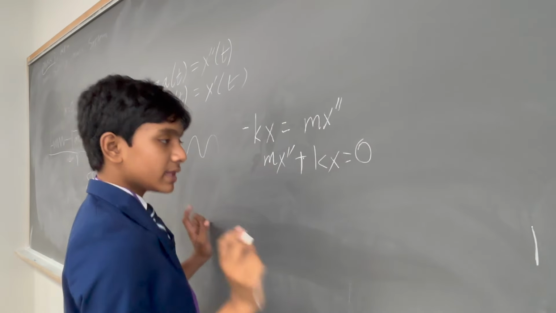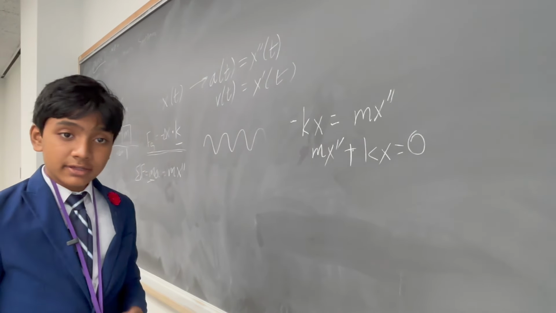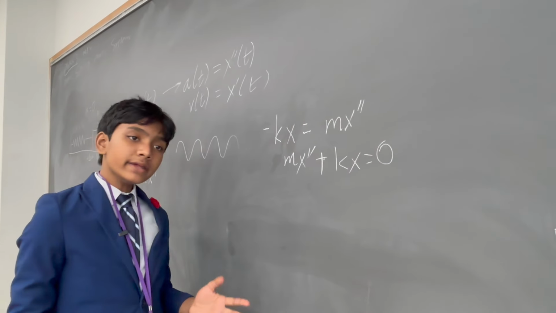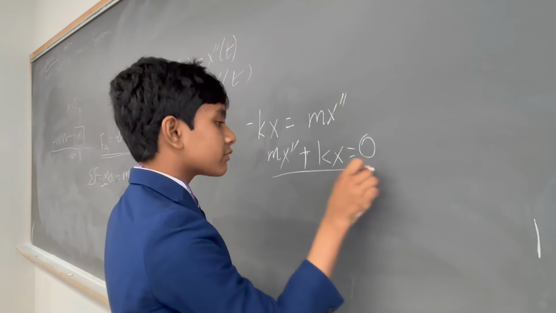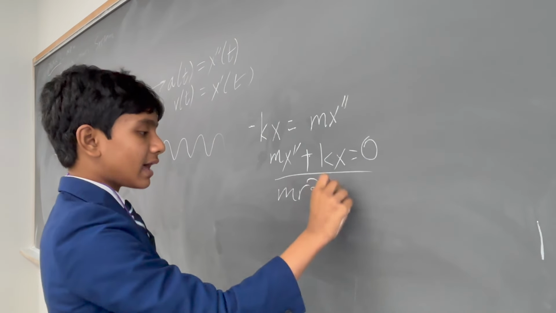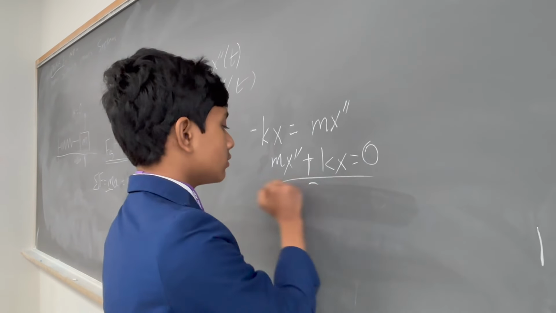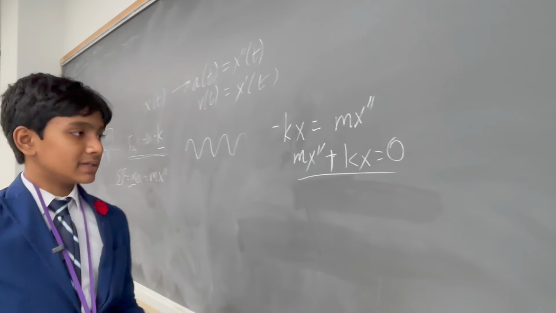All right, so then what do we do? Well, you'll notice this is actually a very easy equation to solve. If you've ever taken ordinary differential equations, this is probably flashing in your head right now. But for those who don't know, I'll give you a little bit of an explanation.